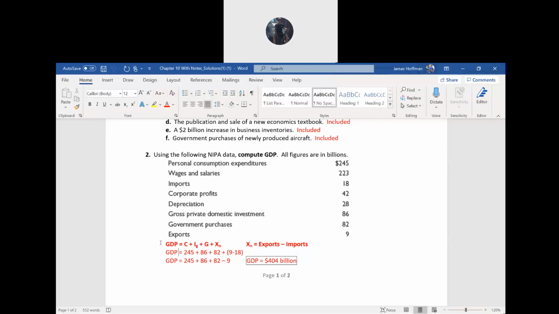All right, so big C is personal consumption expenditures. That's 245 billion. That goes here. IG is gross private domestic investment. That is 86 billion. G is government purchases, which is 82 billion.